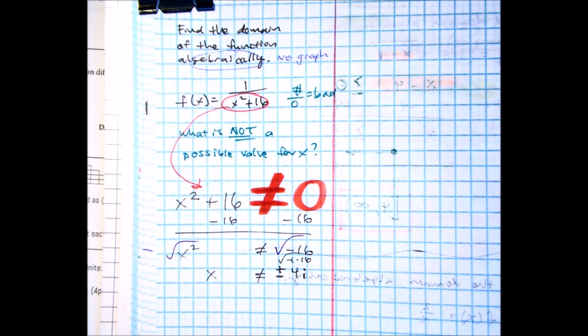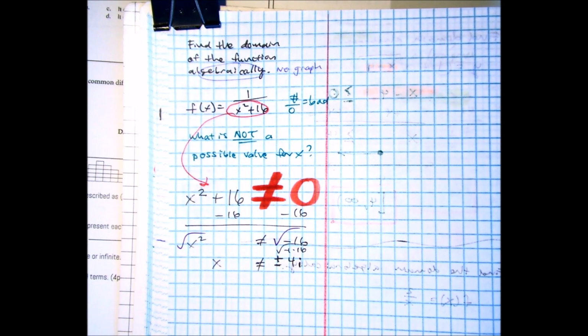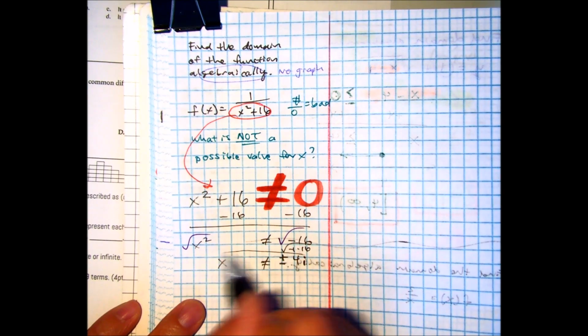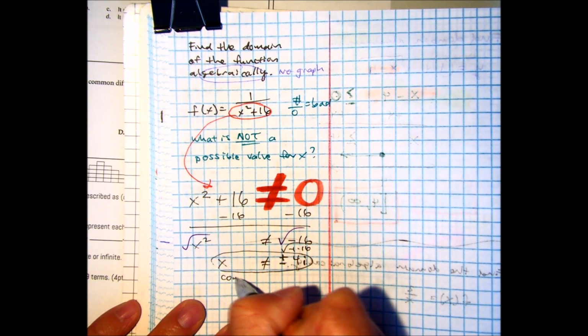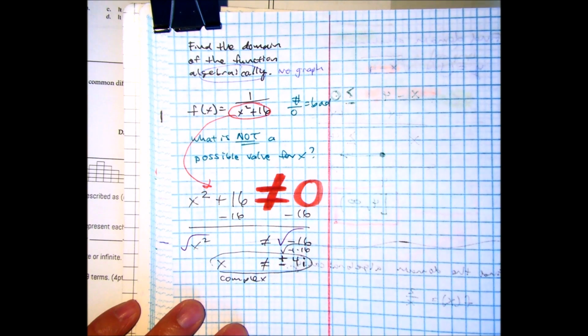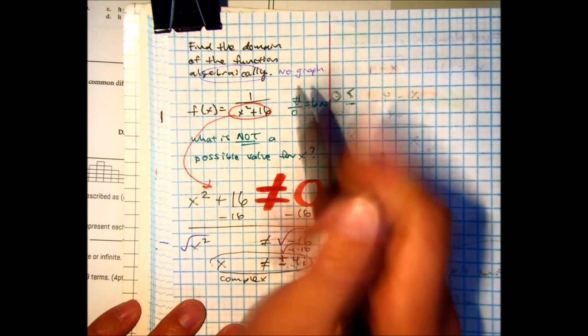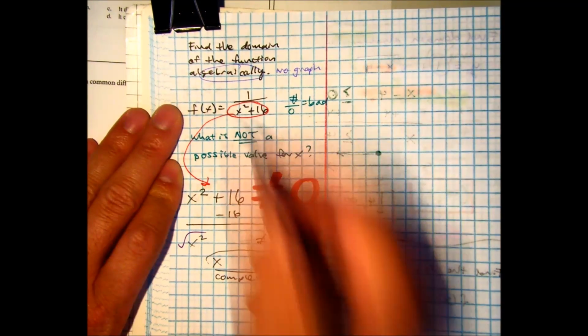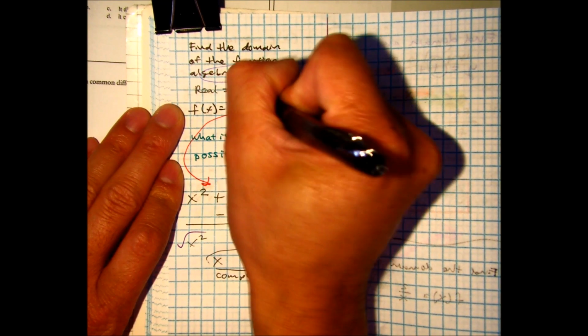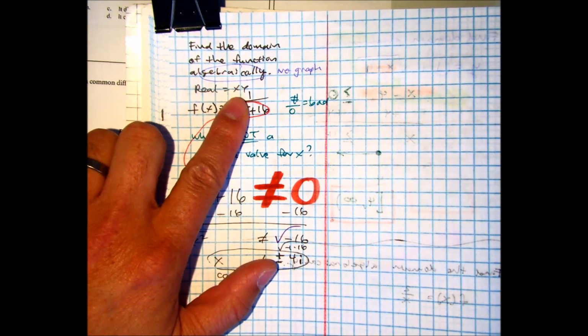Well, let's think about this. This answer is complex, and we're thinking about the real numbers, the real on the x and y coordinate system.